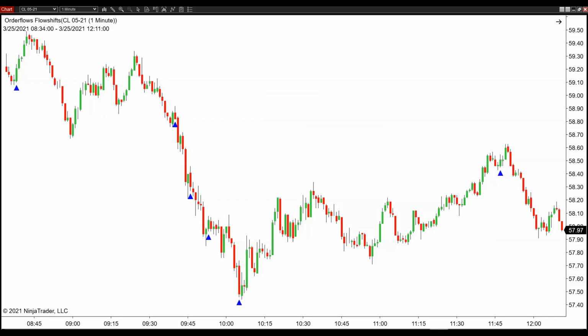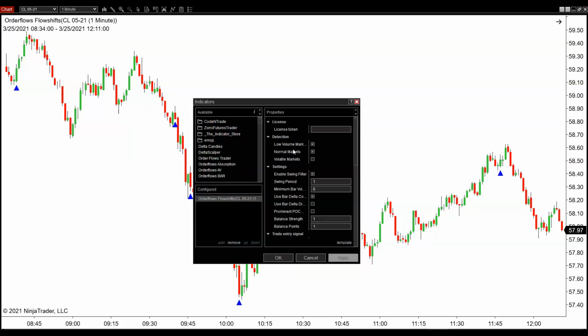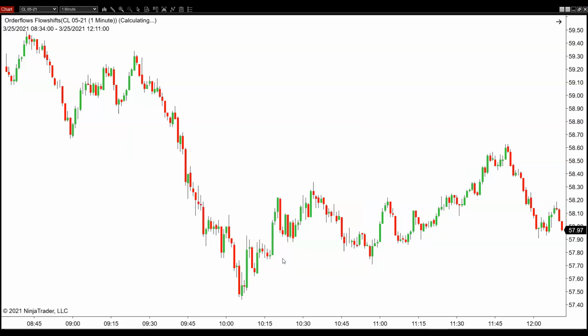So you take a small loss, a small loss, a small loss, then boom, you get your 60 ticks there. That's the difference with the swing filter. Depending on how you trade and the market, it will determine whether you use the swing filter or not.